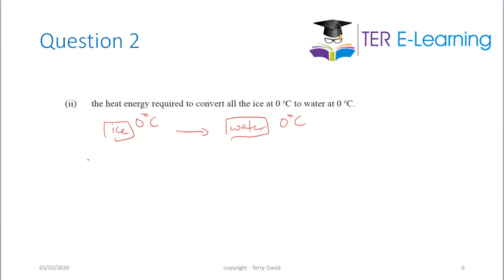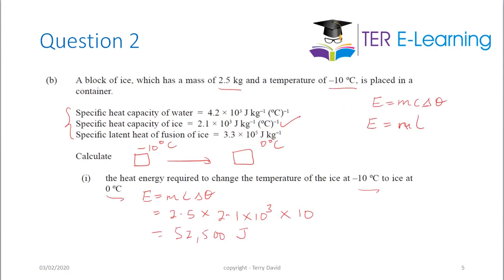In this case here, what we are doing is changing state. So if we are changing state, we must use the formula E equals mLF, where m, the mass of the ice, was 2.5 kilograms multiplied by LF, which is the latent heat of fusion of ice. They gave us that. That is 3.3 by 10 to the 5.